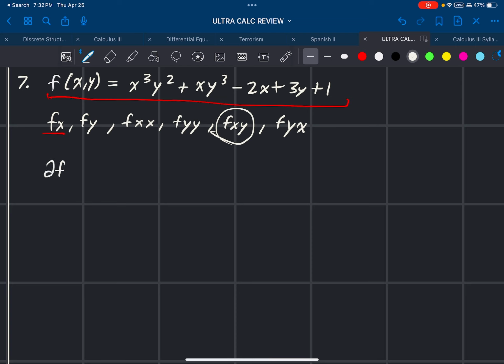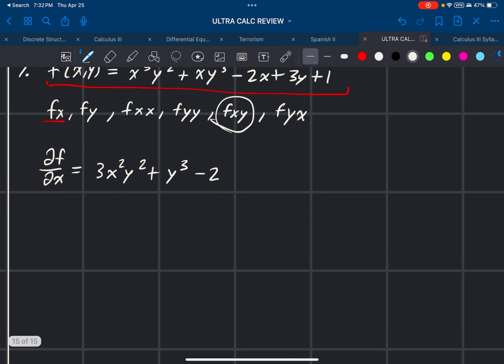So partial with respect to x, this will end up being 3x squared y squared plus y cubed minus 2. All right. And then now the partial of xy.